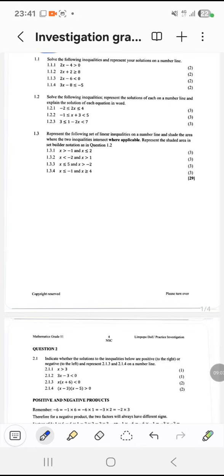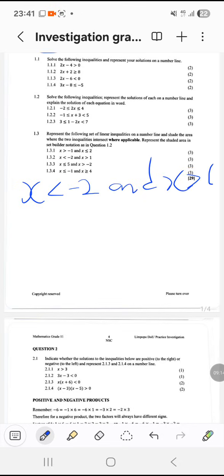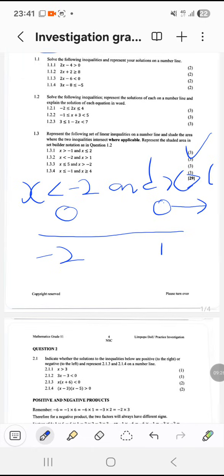Okay, then the 1.3.2 and 1.3.4. X is less than -2 and x is greater than 1. Number line, we have 1, we have -2. This one is a circle. You point that to the other side. This one is also a circle.